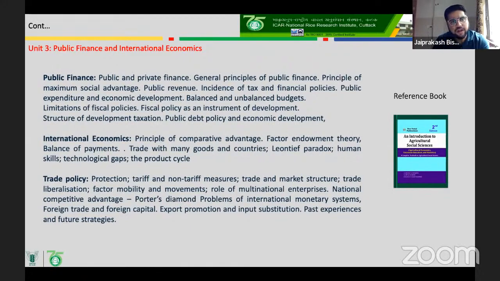Okay. Now coming to agriculture finance and international economics. For international economics there are different books. Chen is also one of the authors who has written on international economics. And for public finance, there are different books. But I would suggest going for Introduction to Agricultural Social Sciences by Subhash Chandra.